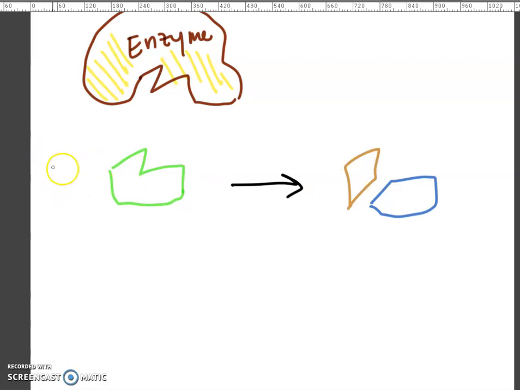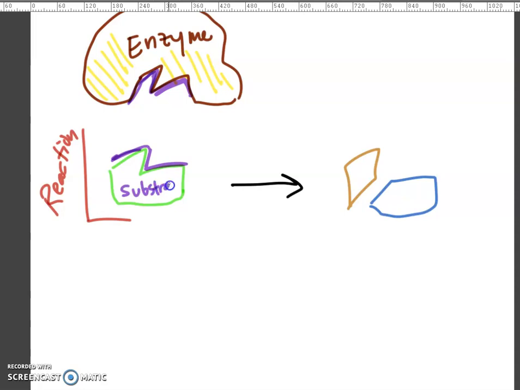That is the chemical reaction that wants to happen right here. Okay. So your enzyme, if you'll notice, has the exact shape as the outline of my reactant, in which case we call a substrate. So it's still a reactant, but now we call it a substrate.